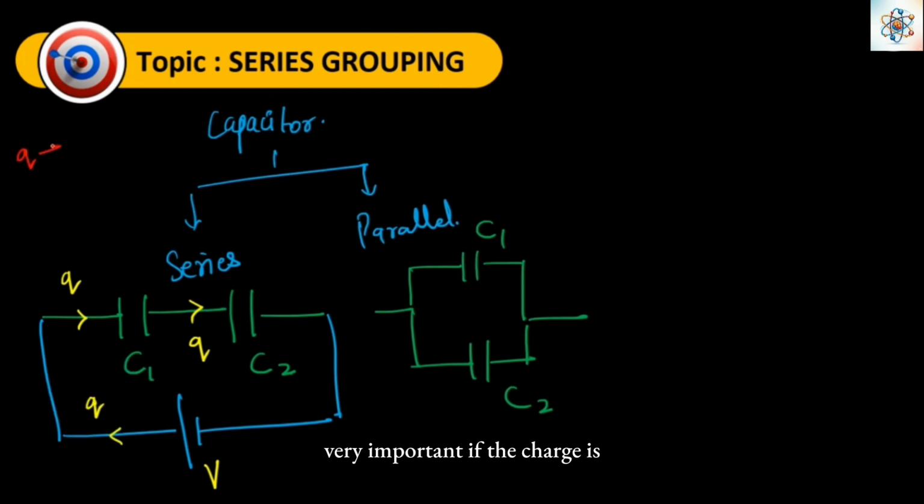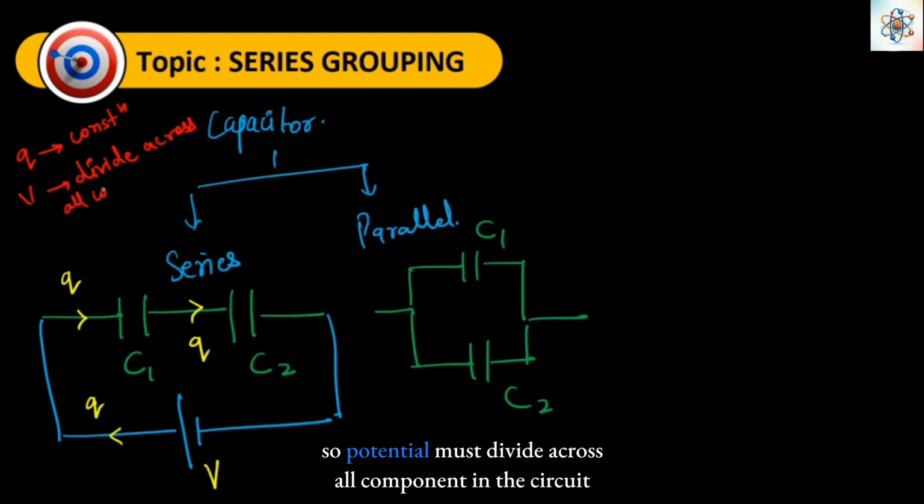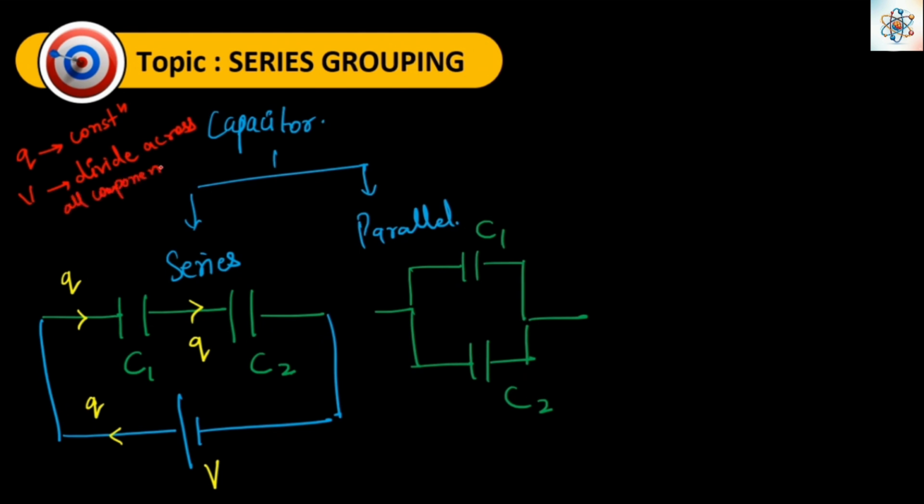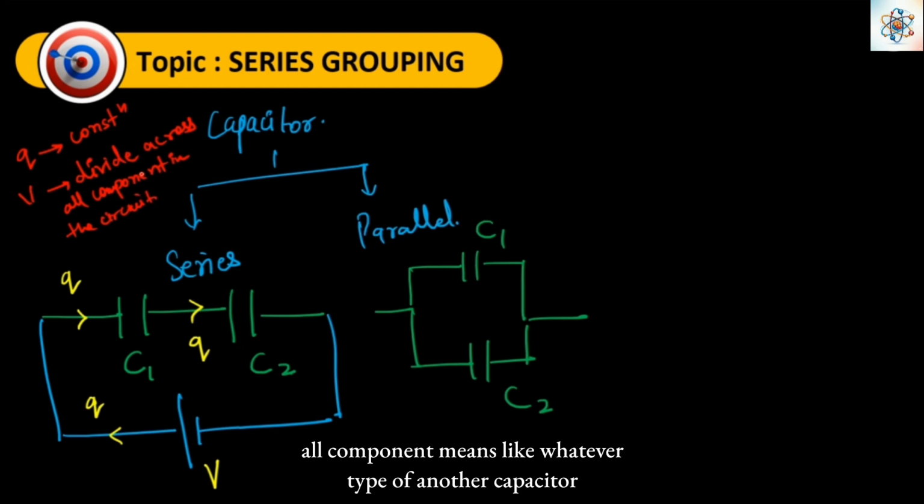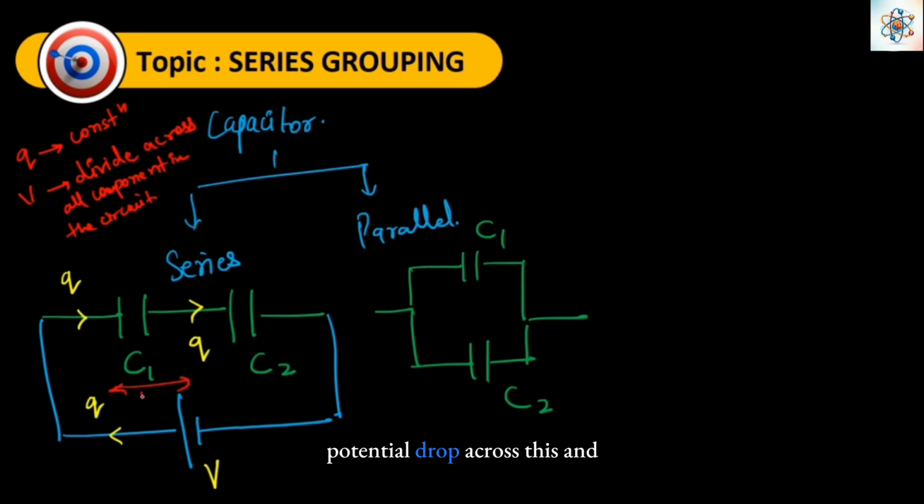If the charge is constant in series combination, so potential must divide across all components in the circuit. In the circuit, all components means whatever type of another capacitor, resistor, or any other component is put. So there exists a potential drop across this and this also.